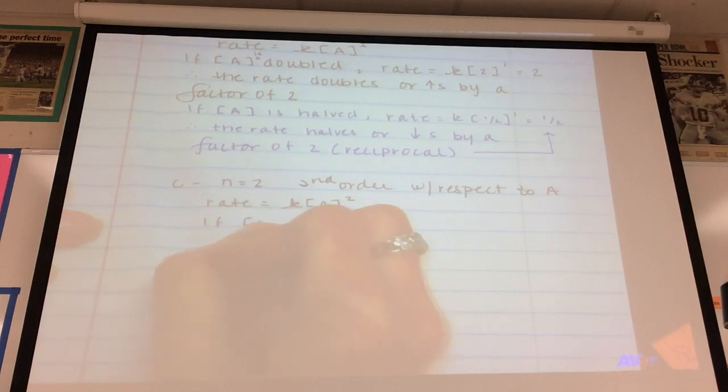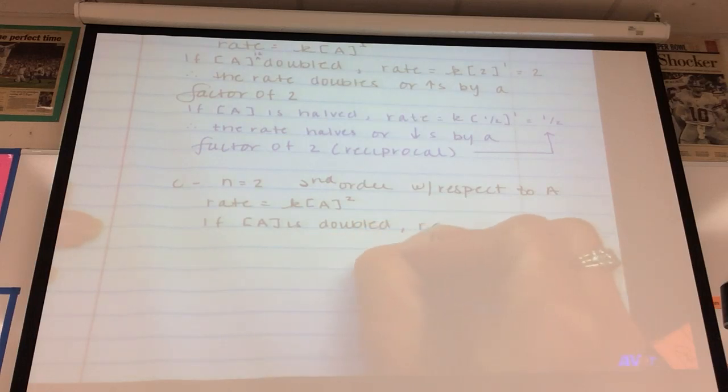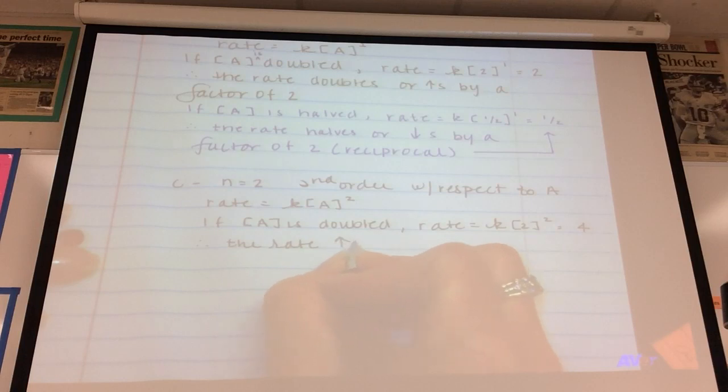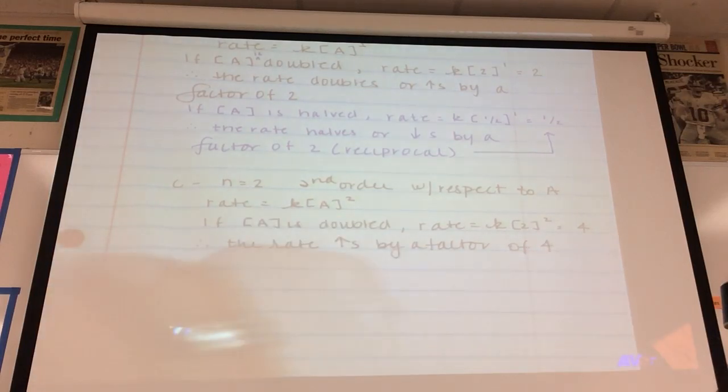So if the concentration of A is doubled, we'd have rate is equal to k. Instead of the A, we'll put a 2 squared. What's 2 squared? 4. Therefore, the rate increases by a factor of 4, or the rate quadruples.